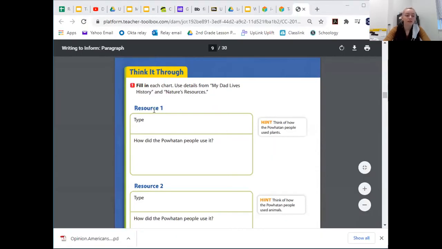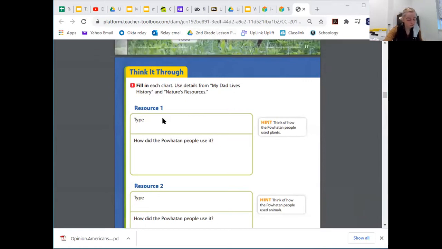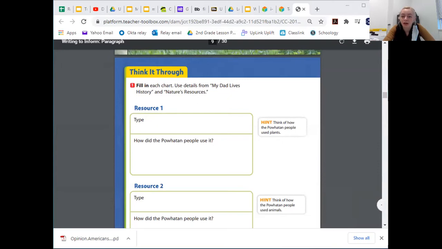All right, right here where it says resource 1. The type of resource, it's up to us to think of one. So I remember back in the text, the Powhatan people used corn. So let me go ahead and annotate.